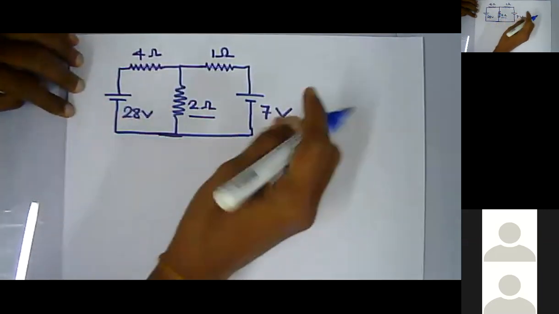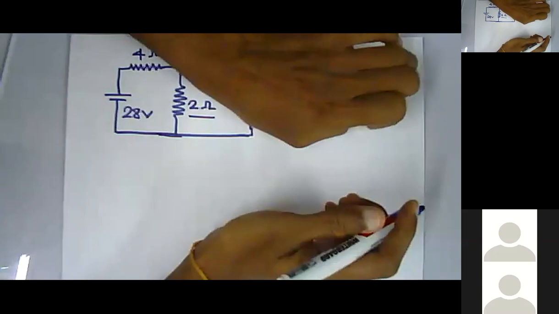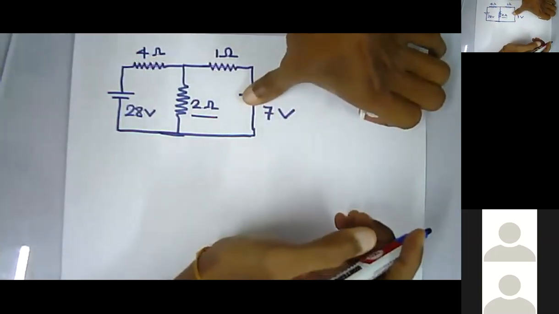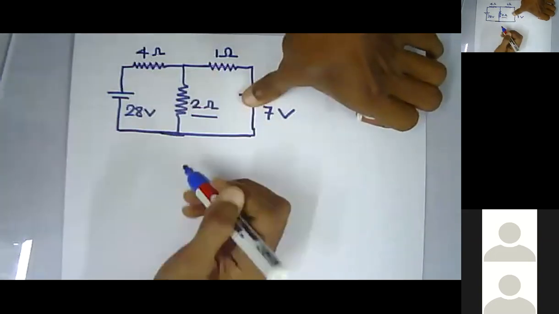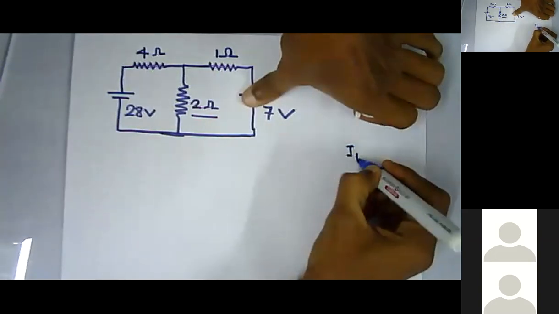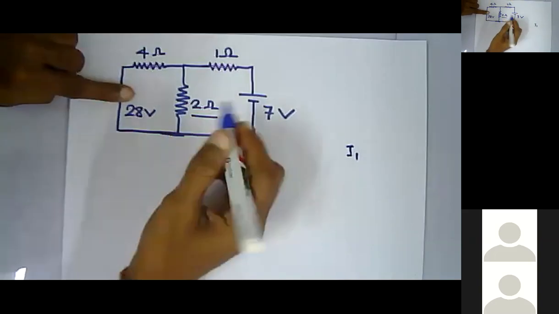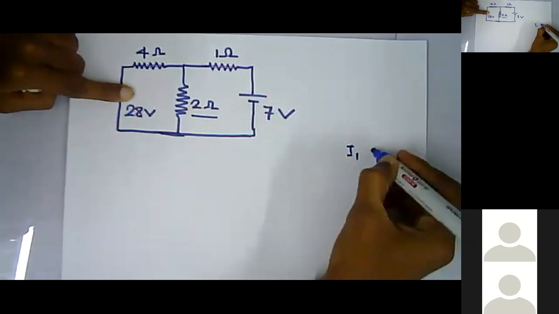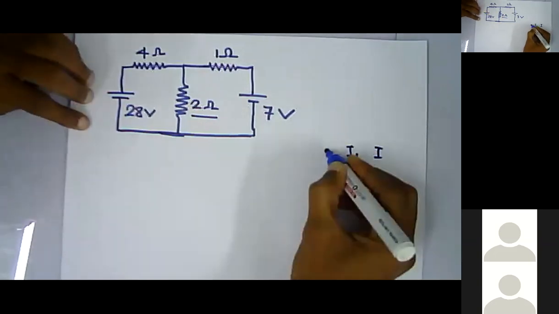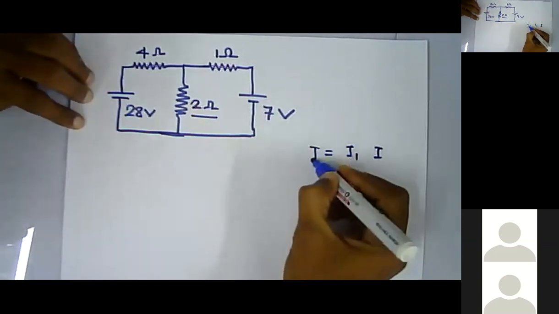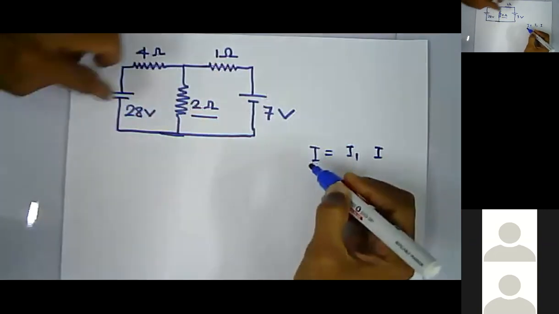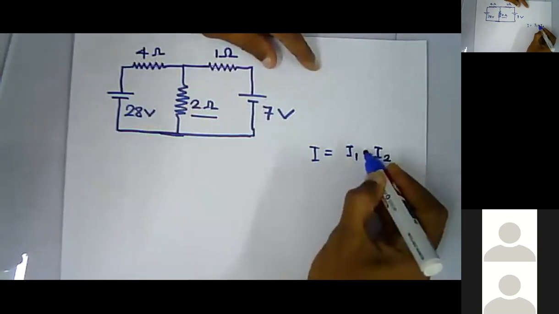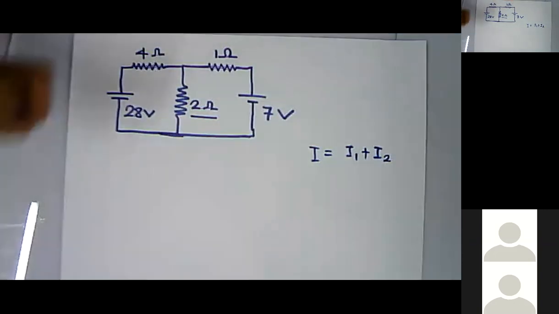So just assume if you short circuit this battery and calculate the current through this one as I1, and if you short circuit the other battery and calculate the current I2, then what the superposition theorem states is that the actual current through the resistance when both batteries are active is equal to the addition of I1 and I2.